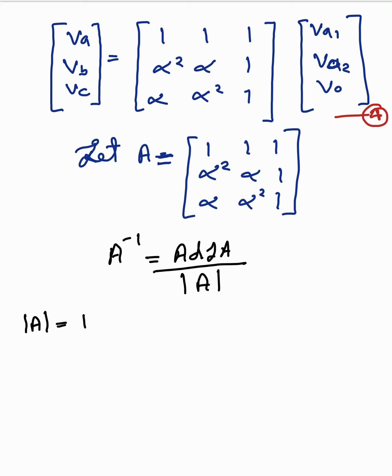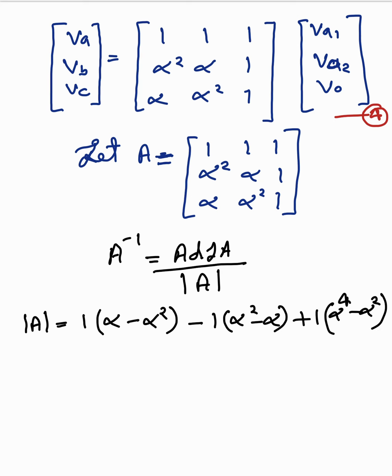So the determinant of A is 1 times alpha minus alpha square, minus 1 times alpha square minus alpha, plus 1 times alpha cube minus alpha square. So this is the determinant we have to calculate. Finally we can solve it.